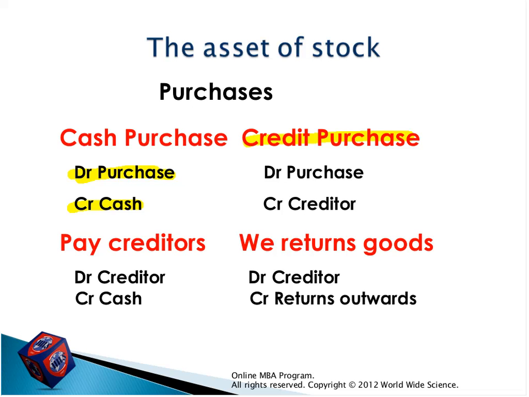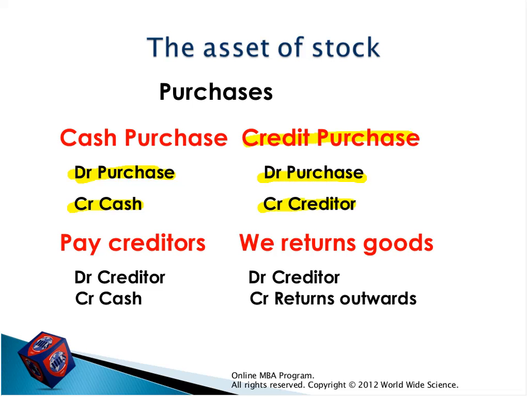So the purchases will be increased because we bought the goods and brought them to our company, for example to produce something, and the creditors will be increased as well, because creditors are liabilities, right?